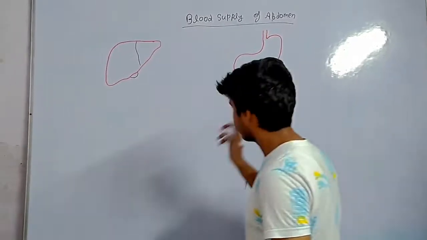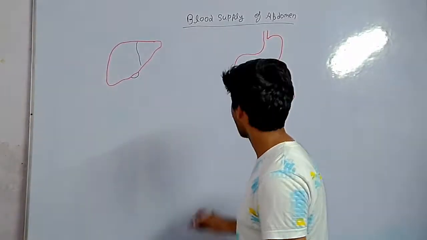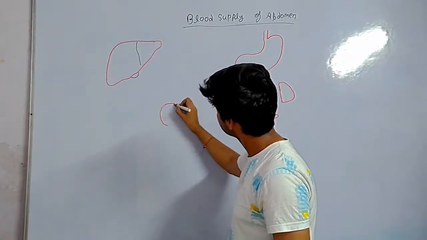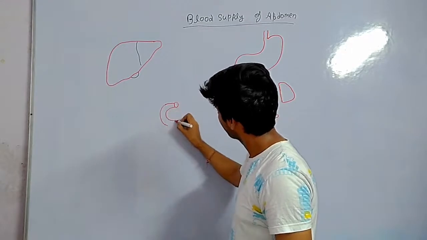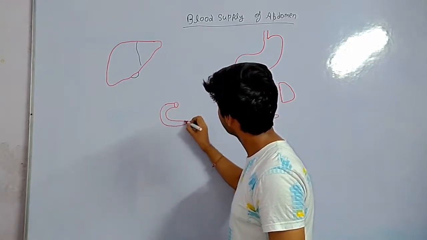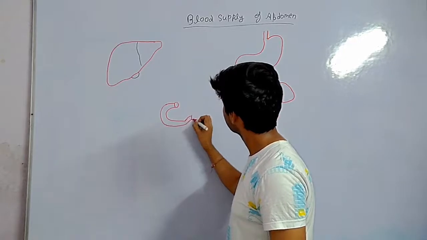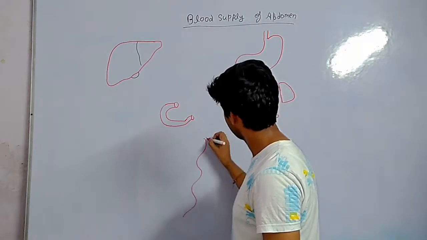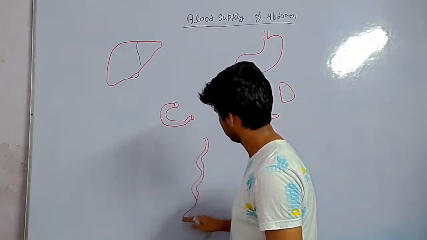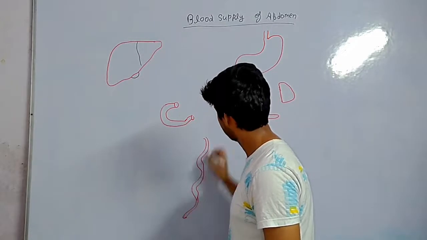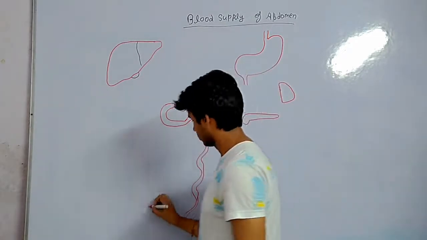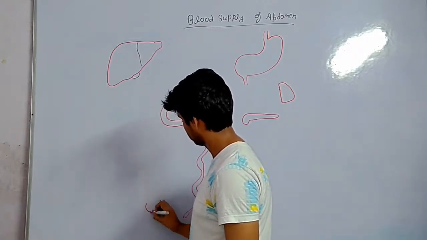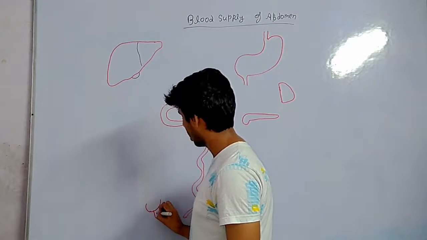and the duodenum, basically the whole small intestine: duodenum, then jejunum, ileum, all these things. And last, the colon, the large intestine basically. Here the appendix is also present.